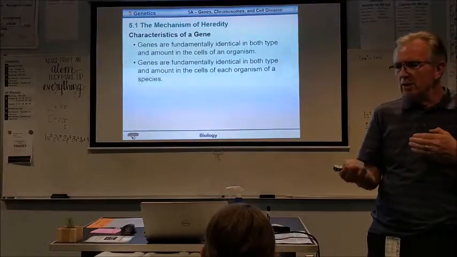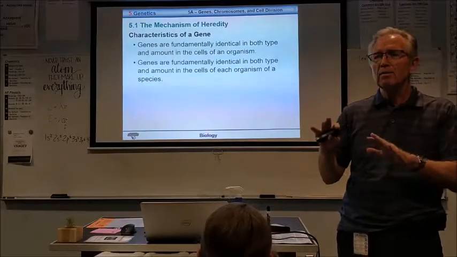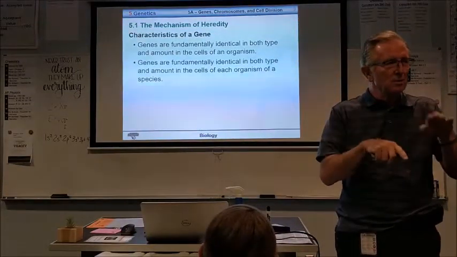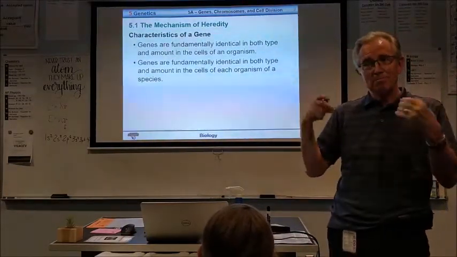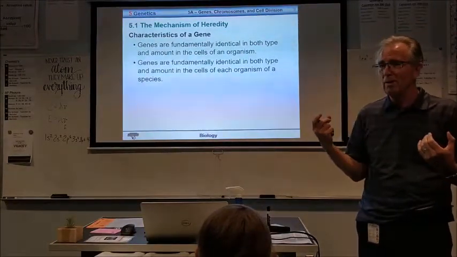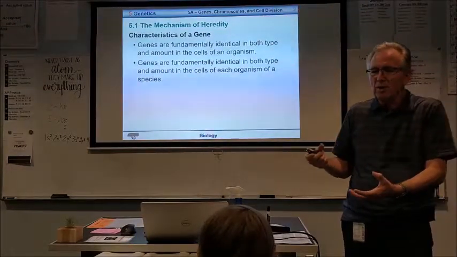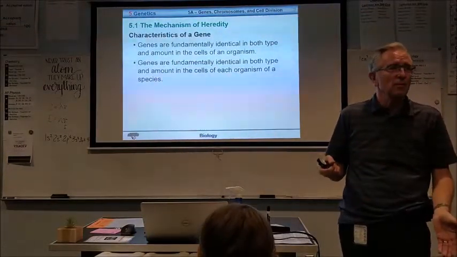So the genes aren't all being used at all times. Only the parts that need to be get turned off and on. So that makes this process a little more complicated, which ones happen to be turned on. Sometimes we have certain genetic diseases where a gene got turned on when it should be turned off.